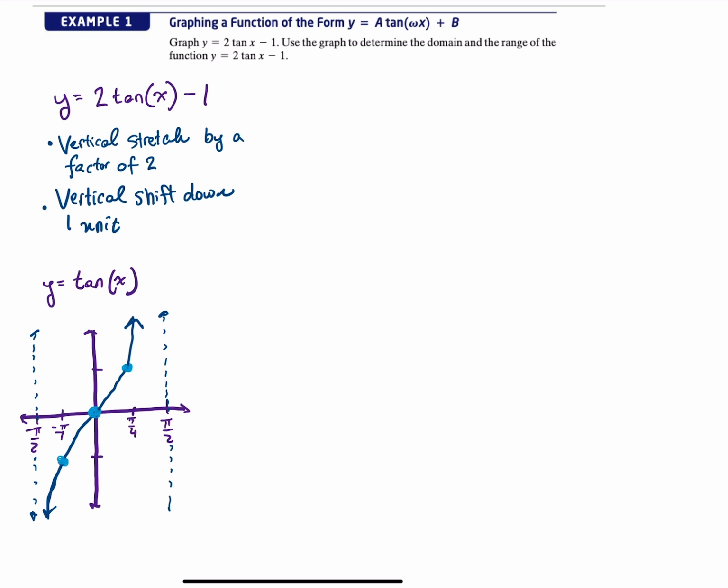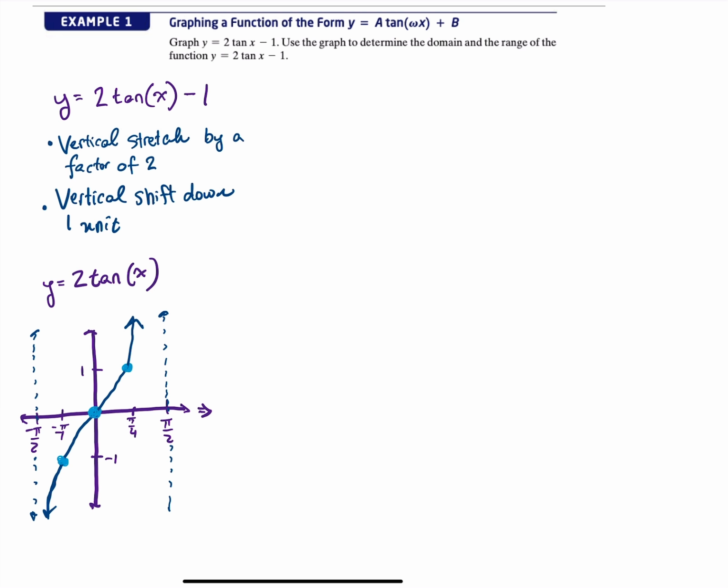All right, let's introduce the vertical stretch. If I want to do 2 times the tangent of x, I could even just take this graph, and instead of calling that 1 and negative 1, relabel it as 2 and negative 2. So honestly, let's just do that. That will save us this graph. Let's just say this will be 2 times the tangent of x.